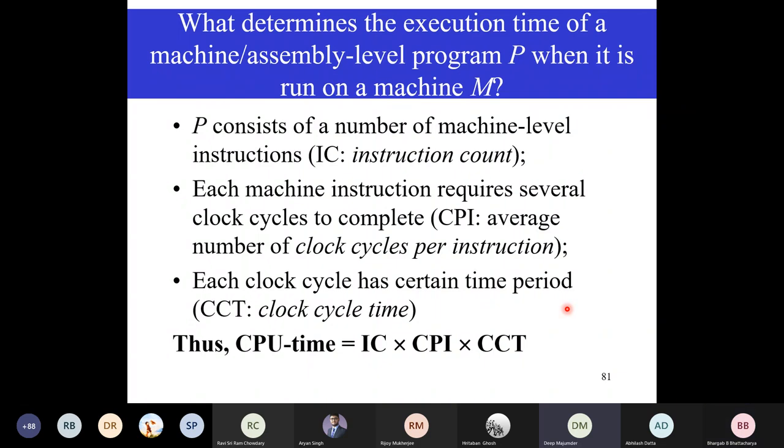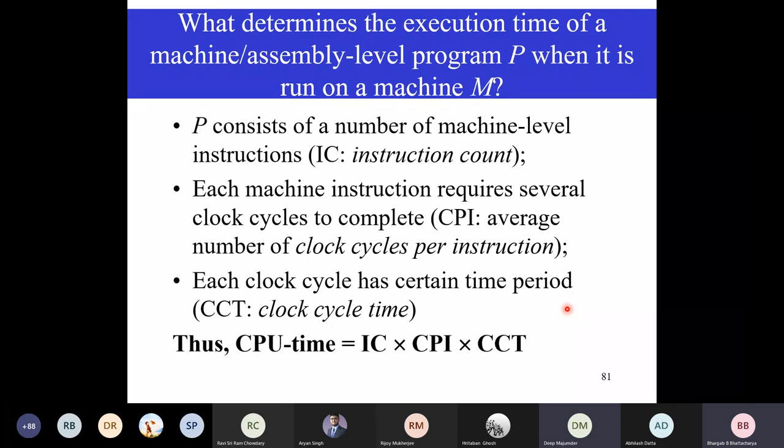Sir, is the average of the CPI calculated over a single program, or is it the average over all possible instructions and the number of clock cycles they take? Yes, you can consider an average over many benchmarks. In general, there are certain benchmark programs, and looking into those benchmark programs, you can figure out the average value.